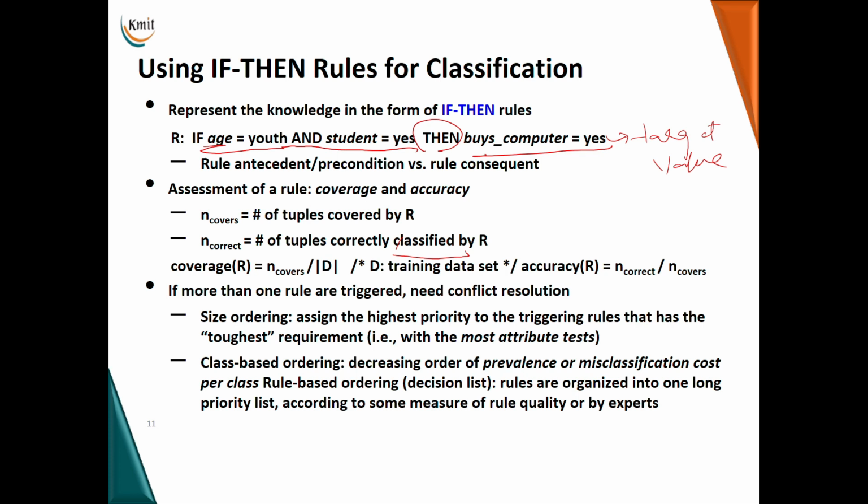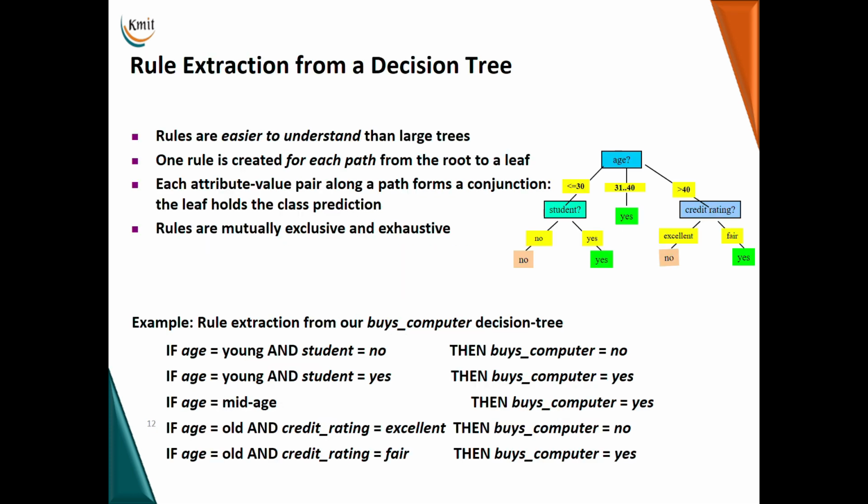This is what rule-based classification talks about. If more than one rule is triggered, then what happens? Obviously, a conflict occurs. It might be size ordering or class-based ordering, such type of things may happen here.